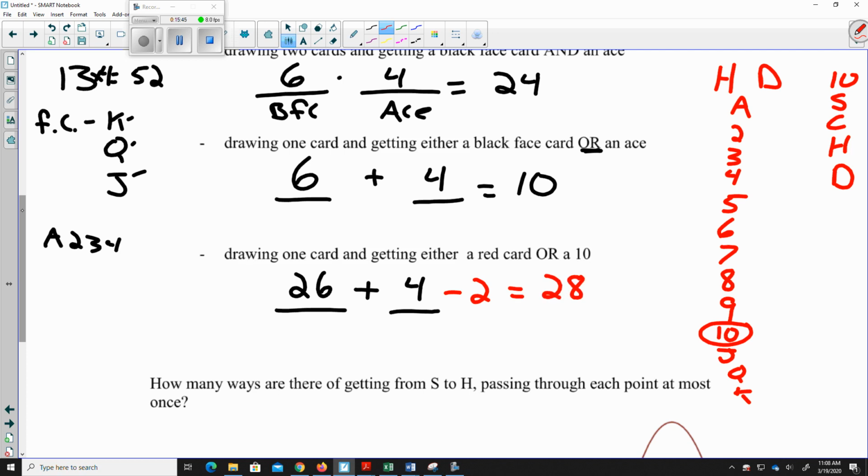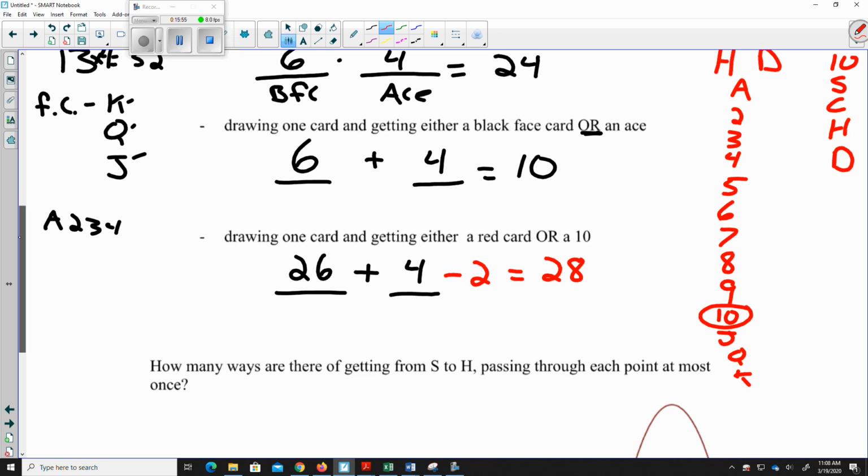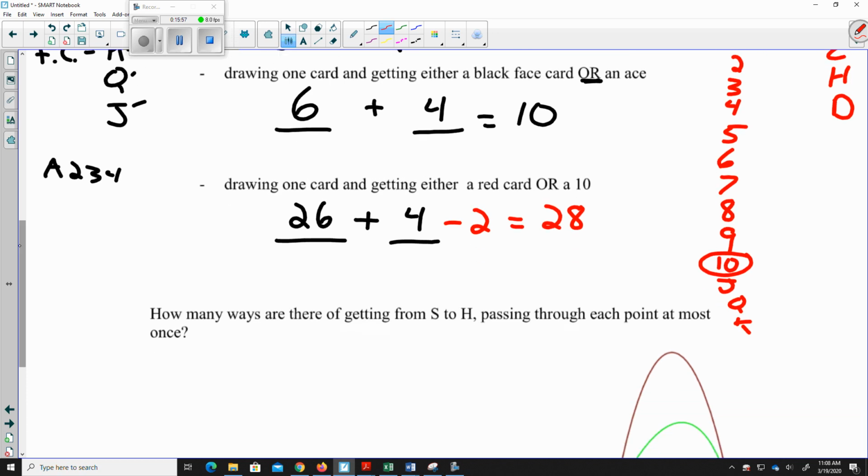28 possible ways. This actually comes back to chapter 3 with the set theory stuff. When we were looking at Venn diagrams, so it'd be like the number of red union 10s, right?